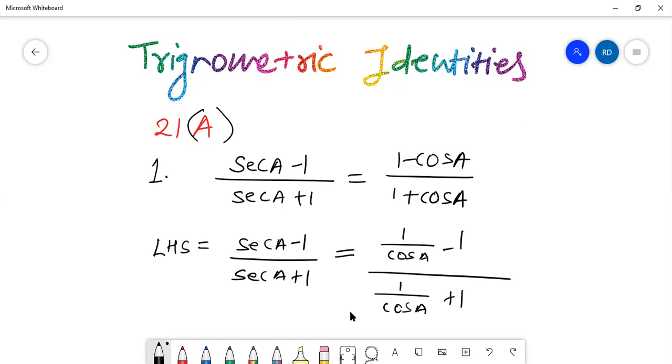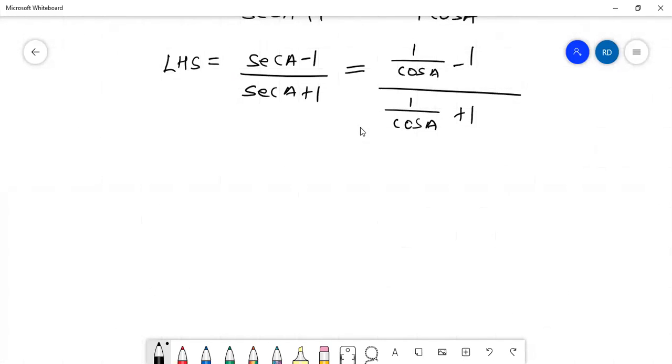So this is 1 and 1, so cross multiplication you have to do.